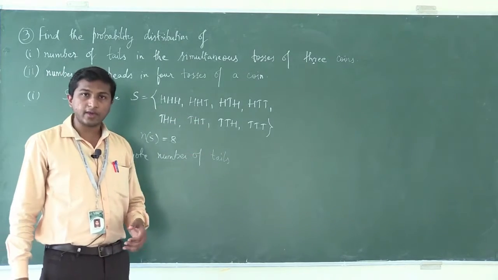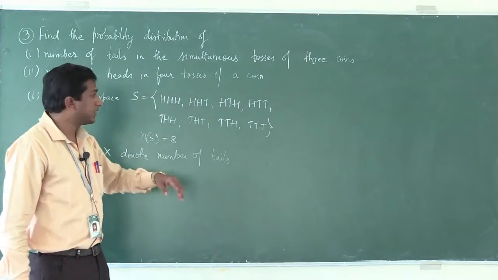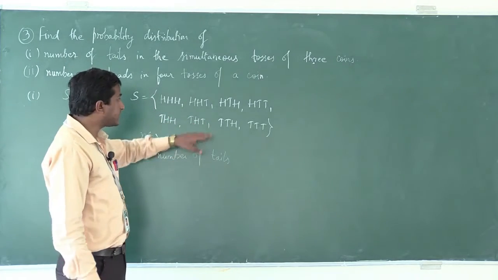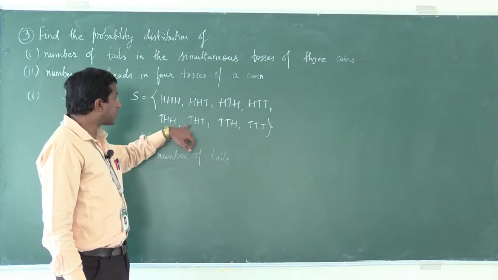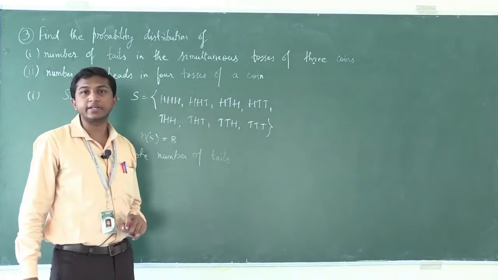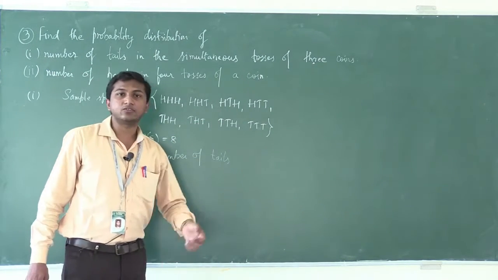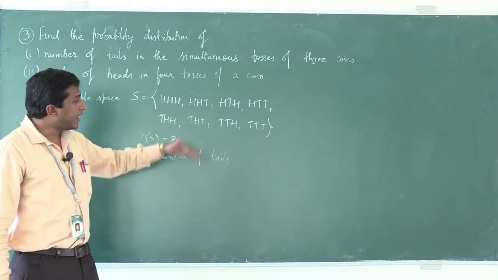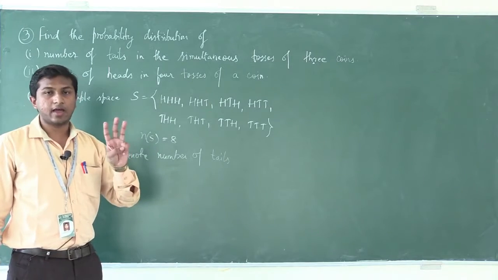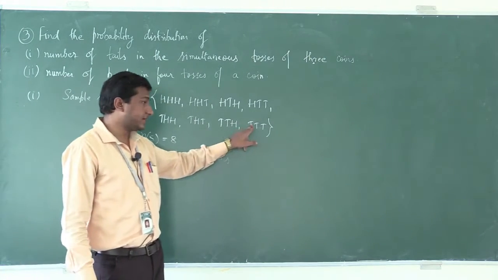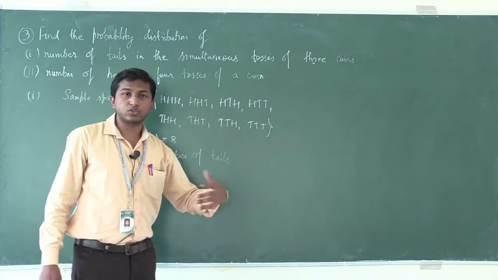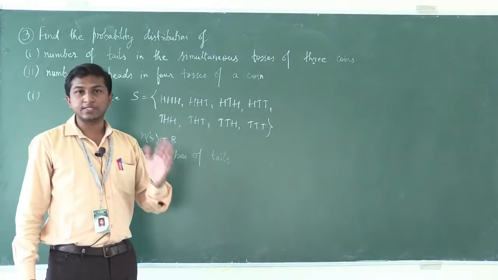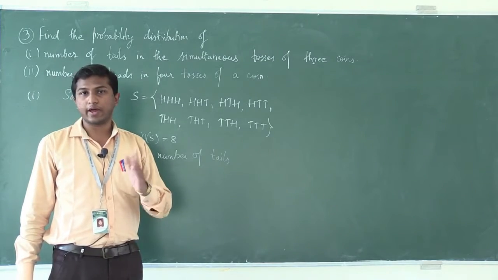Then I can have also exactly 2 tails. That is when I get 2 tails and 1 head. That is HTT or THT or TTH. When one of these 3 outcomes come, I have the value of X to be 2, and at the max I can have 3 tails, that is T, T, T. Okay, so the different possible values that X can take are 0, 1, 2 and 3.